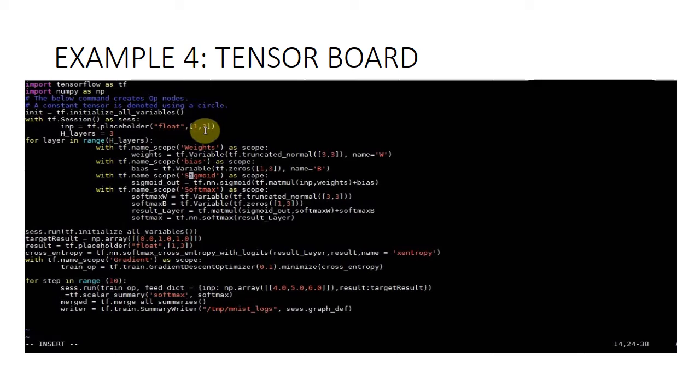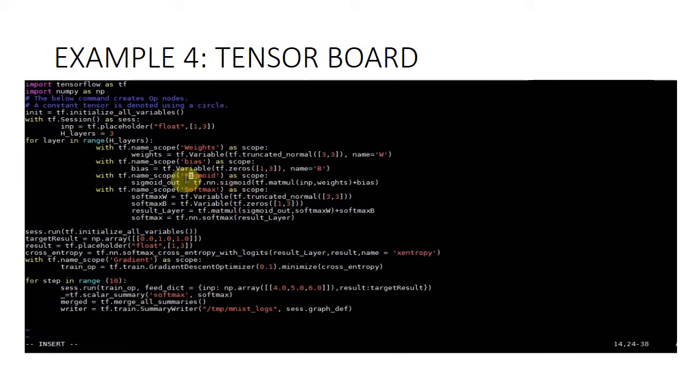This is followed by three hidden layers which contains my weight variable tensors, my bias values, and these two values are used within my sigmoid layer, which does a matrix multiplication between the input tensor and the weight. To the weighted input values, I am adding the bias value and is fed as input to my sigmoid layer.